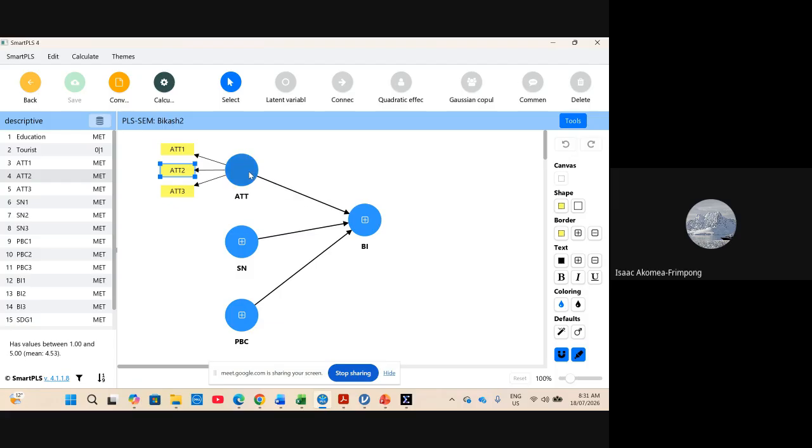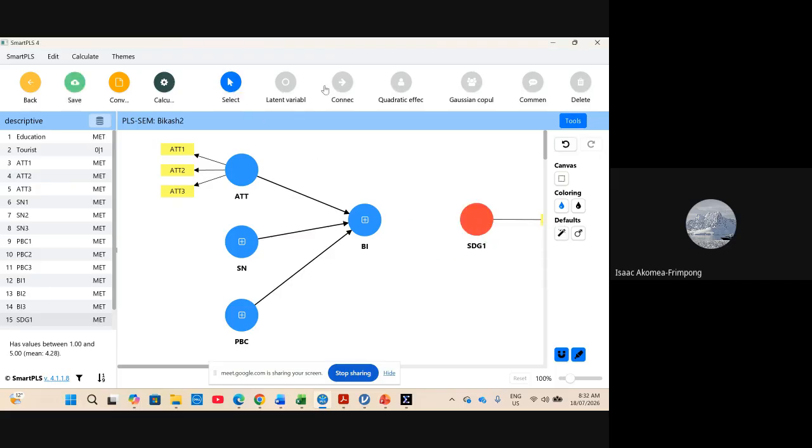In this context, we are going to have what we call the formative model, because all three of these latent constructs are moving to this one. Let's assume this one is moving to this, and there is another one. I just want to show you something.